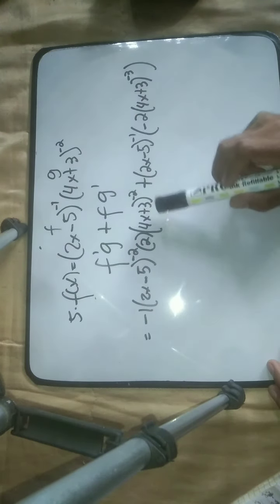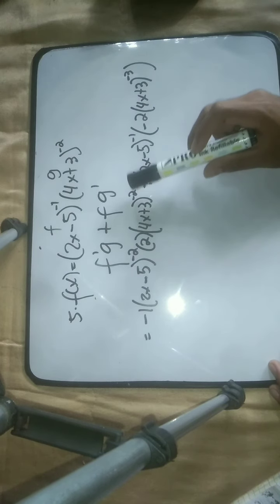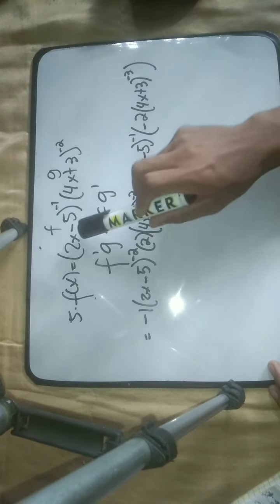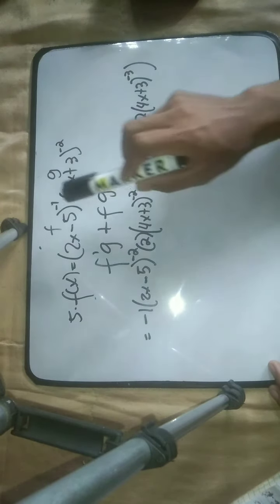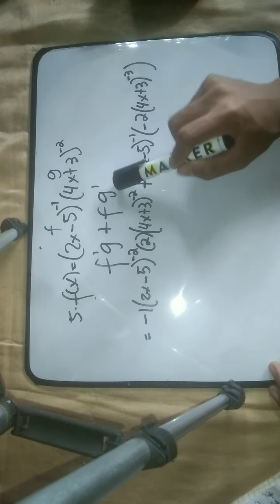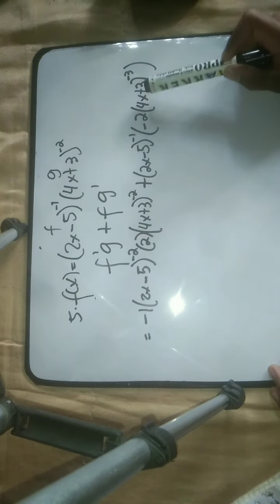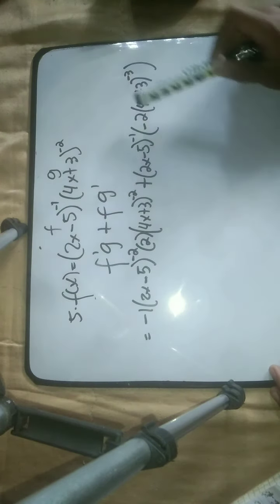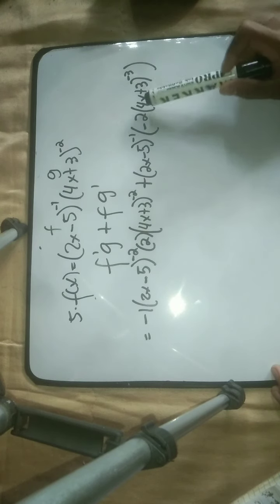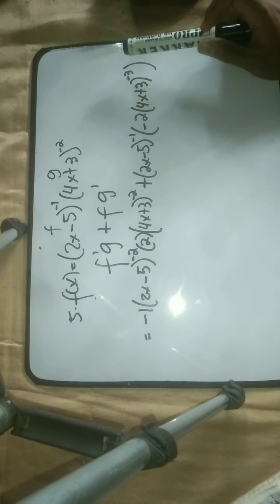Our g is (4x plus 3) raised to the power of negative 2, plus f, which is (2x minus 5) raised to the power of negative 1, multiplied by the derivative of g, which, using the chain rule, is negative 2 times (4x plus 3) raised to the power of negative 3.